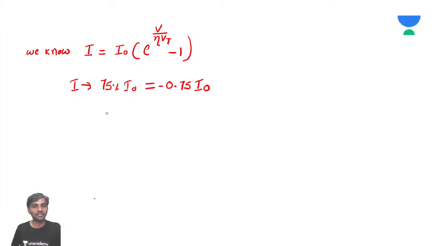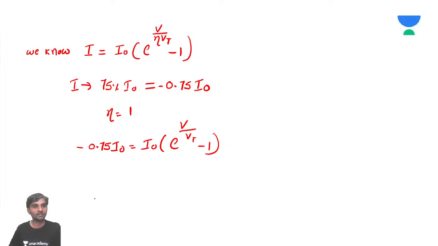So minus 0.75 I naught, right? He is asking for VD, and eta is also given as 1. So what we'll do is minus 0.75 I naught is equal to I naught into e power V by eta Vt, minus 1.